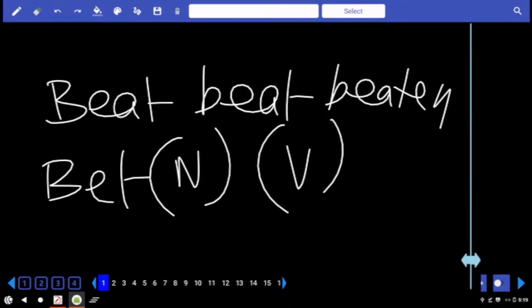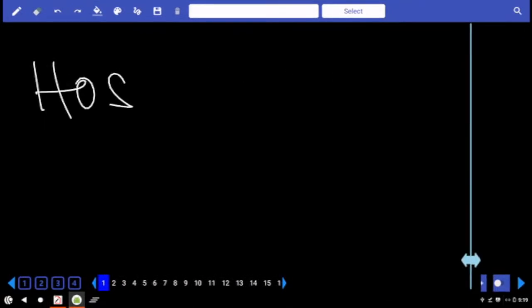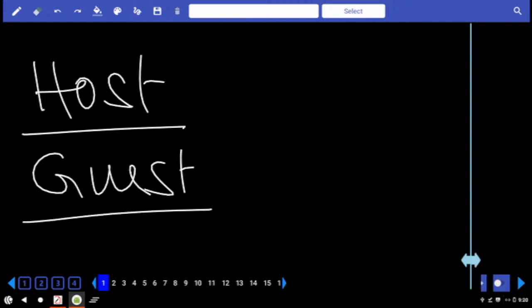Underline the word host. A particular country organizes the event. That country is called what? Host, obviously. But generally we use another word, write it, guest. Host, guest. And sometimes some people enter a party or a function without being invited.